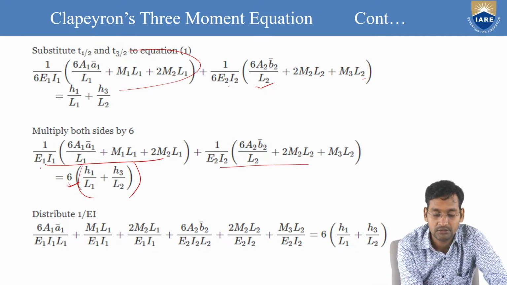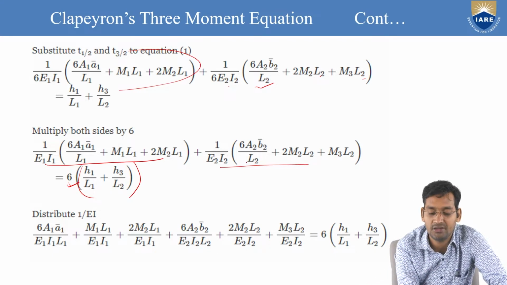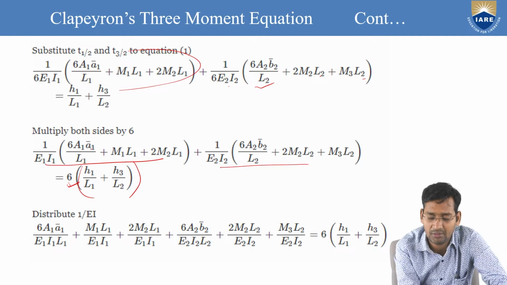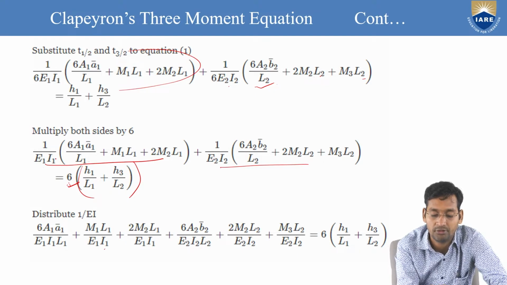Next, distribute 1 by EI with each term. So now this becomes 1 by E1 I1 into 6 A1 capital A1 by small average a1 by L1, right, first term. Then M1 L1 by E1 I1, the next 2 M2 L1 by E1 I1. So this first term is over.